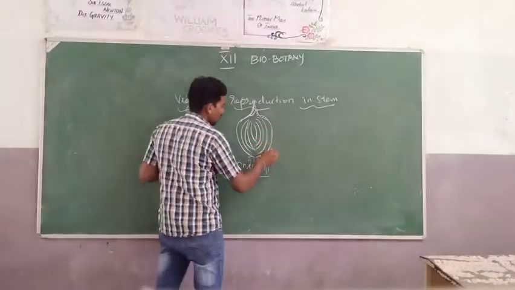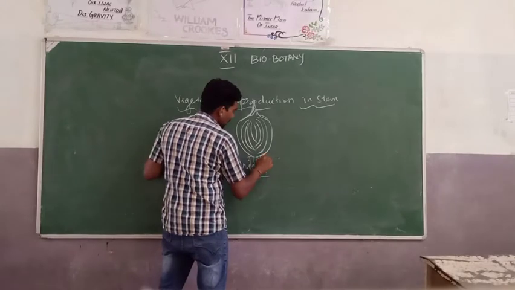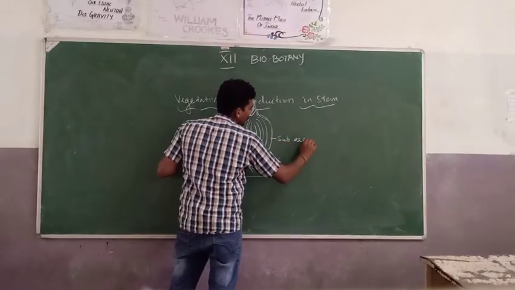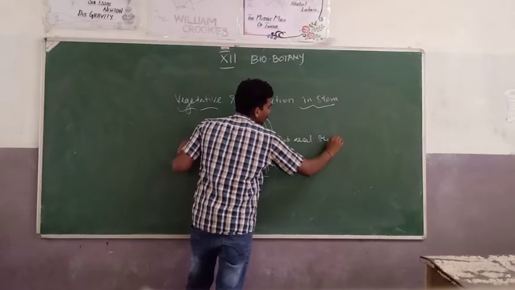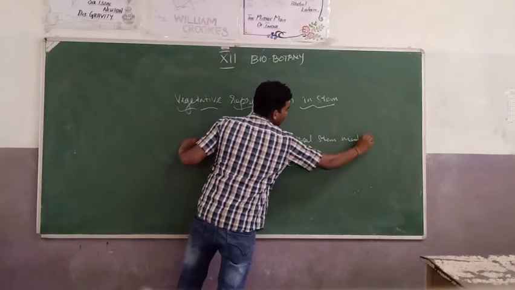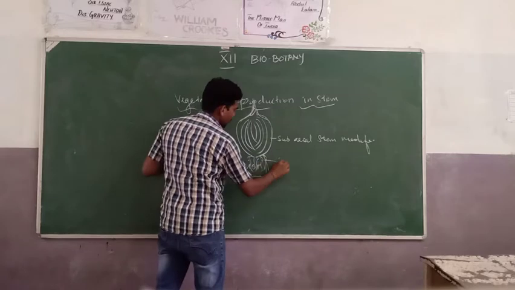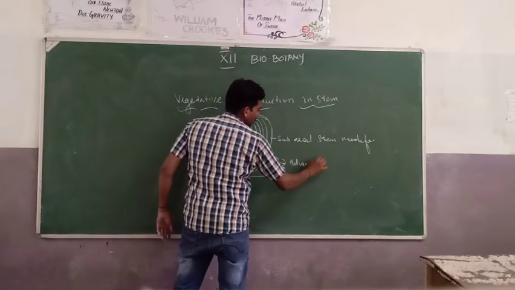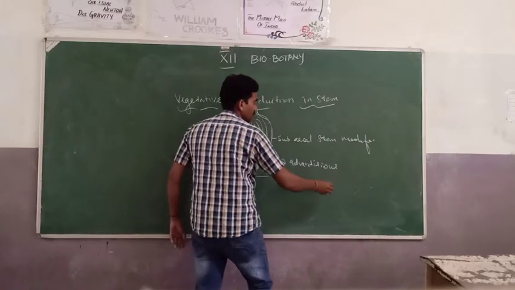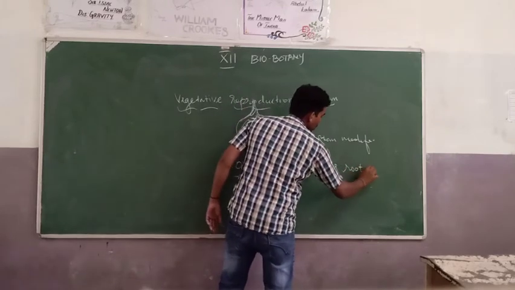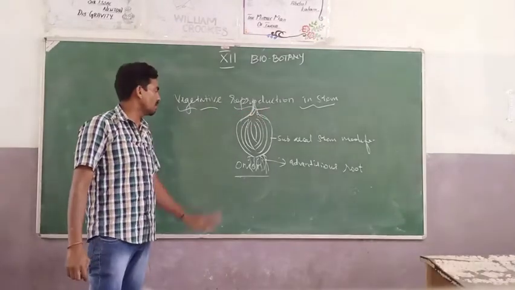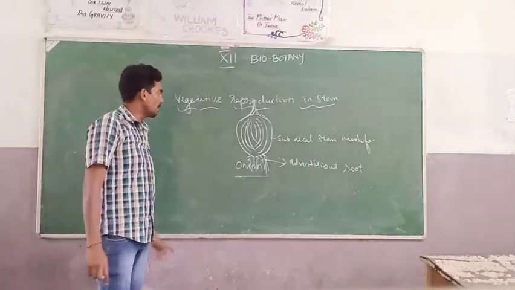So this is a subaerial stem modification. These are adventitious roots. This is one more example of vegetative reproduction in stem. A good example, onion.